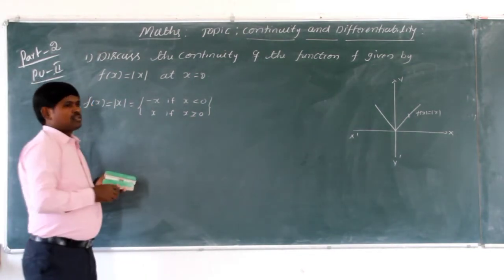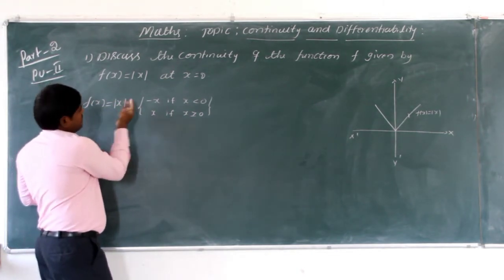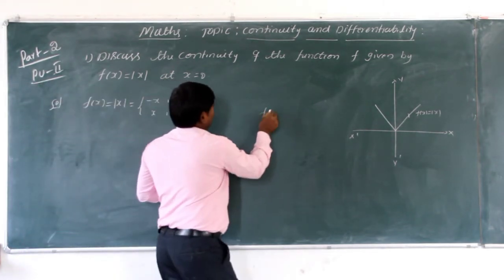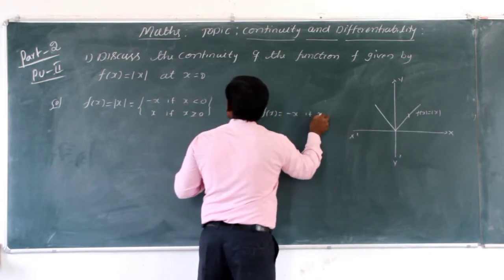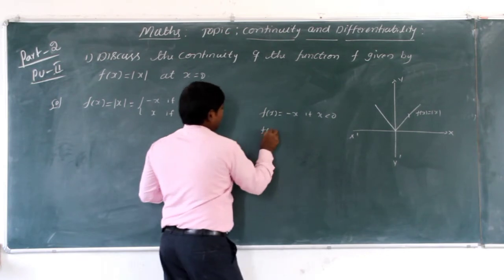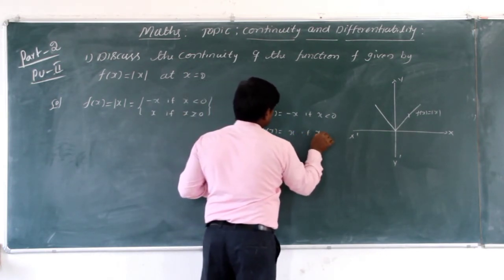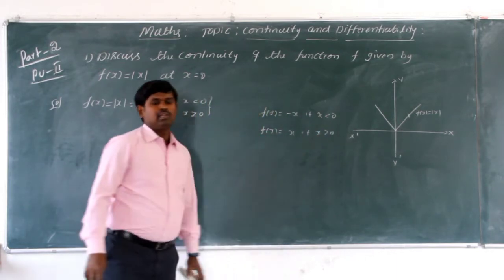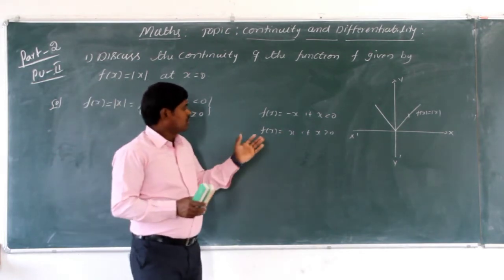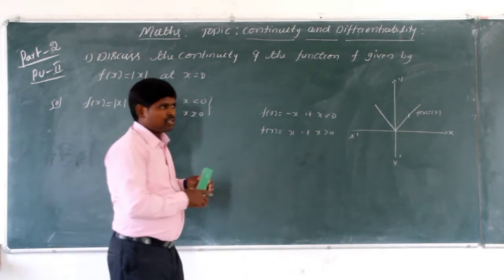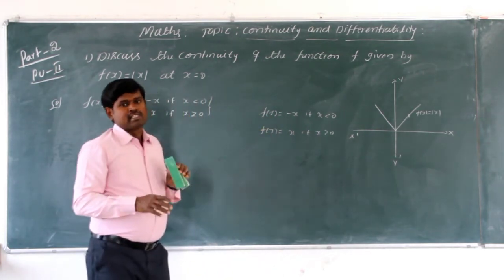Suppose f of x is equal to minus x if x is less than 0, and f of x is equal to x if x is greater than 0. These two functions are polynomial functions, and you already know that polynomial functions are continuous.